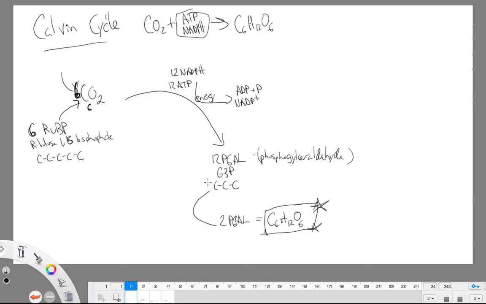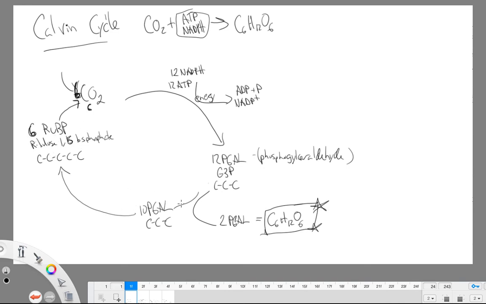Now the remaining 10 go back into the Calvin cycle here, and they reform ribulose 1,5-bisphosphate, or RuBP. And again, if we have 10 of these, we're keeping track of our carbons. We have 10 of them, that gives us 30. And they go back here to create 6 ribulose bisphosphates. 6 times 5 is 30. All of our carbons are accounted for.